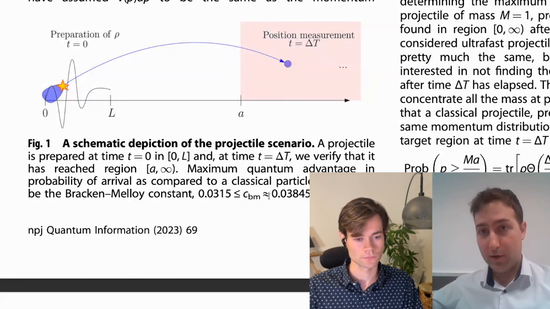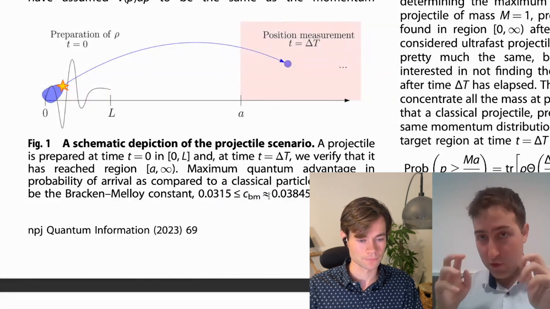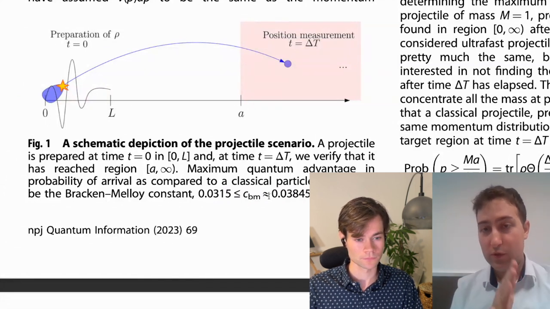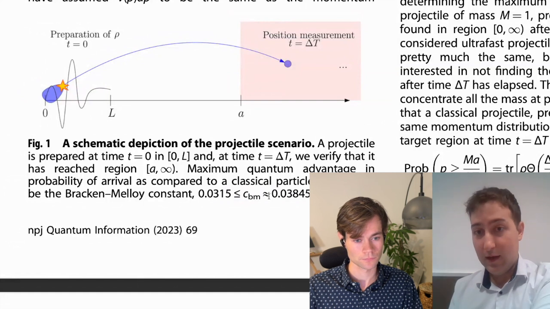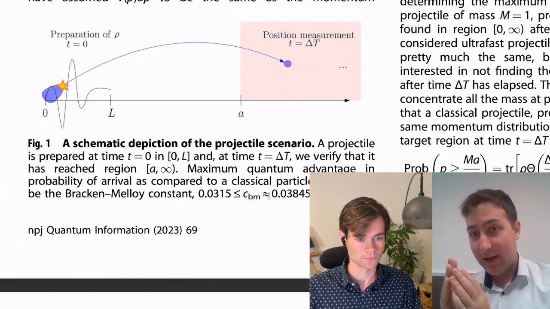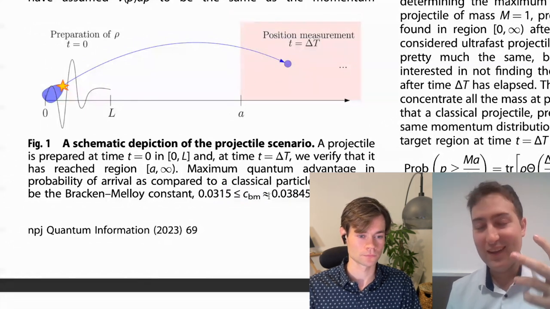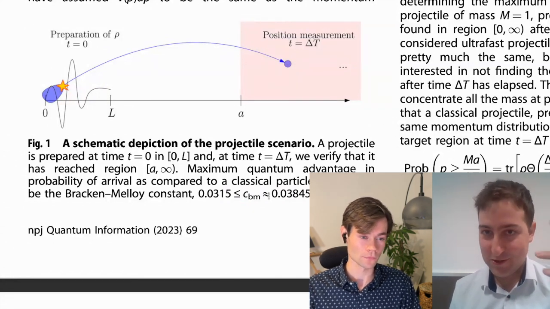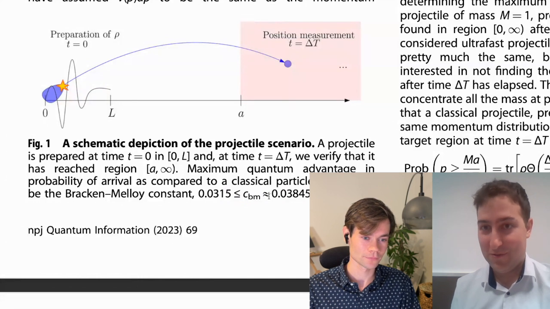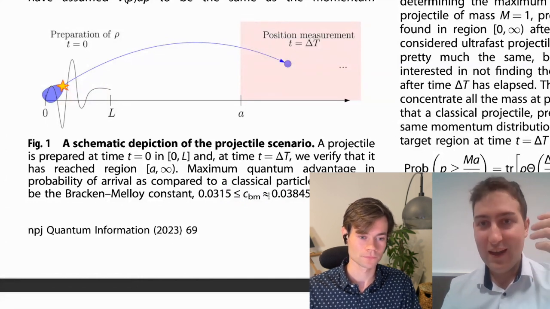Positive means moving to the right. So this quantum particle only has momentum which should make it move to the right. Still, you can find that it moves to the left. This is a really cool quantum effect that very few people know of because it's not as popular as tunneling, even though it's similar in some sense.